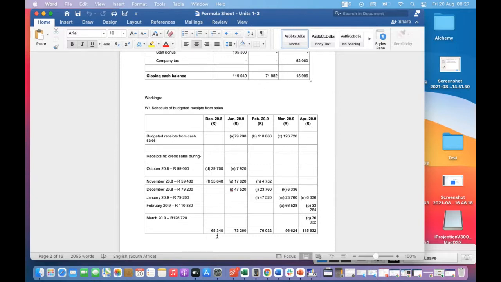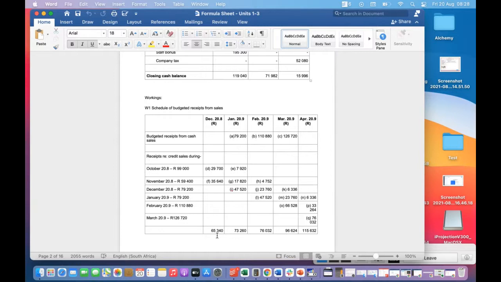Can you see that? So then we add all these amounts up, and we know this is the total amount we're receiving from our debtors. Then we plug that into the overall budget. Does that make sense? Once you have done this, you're home and dry.